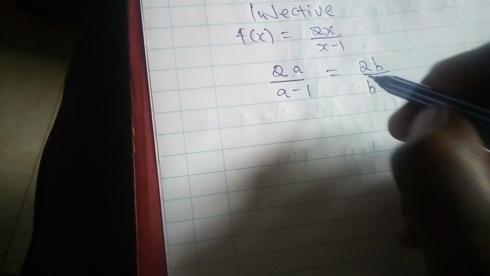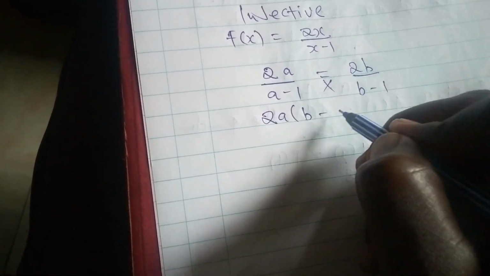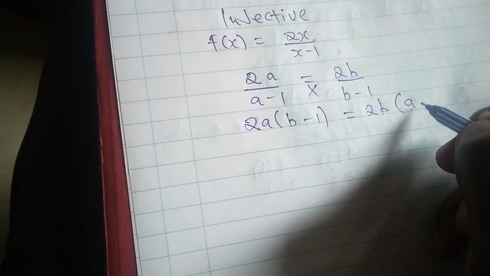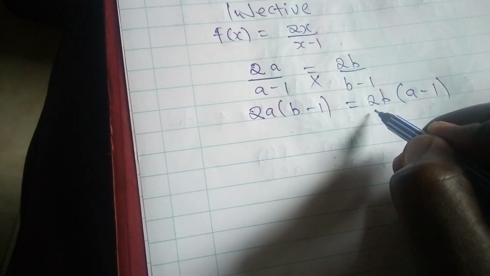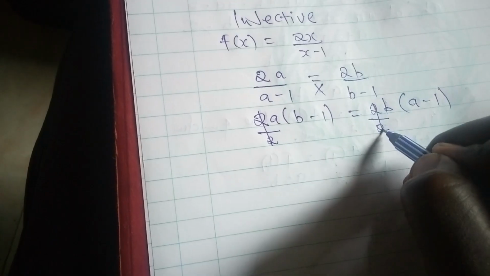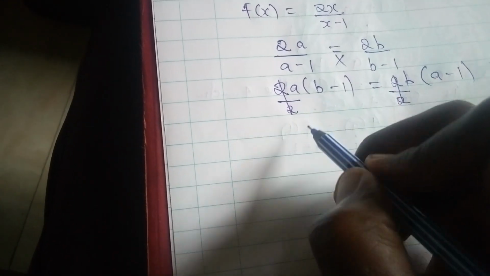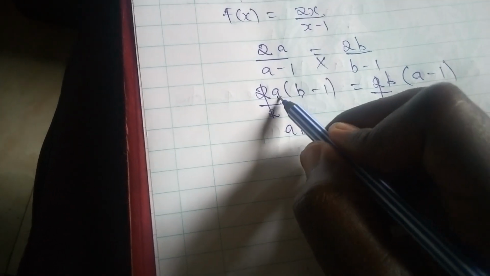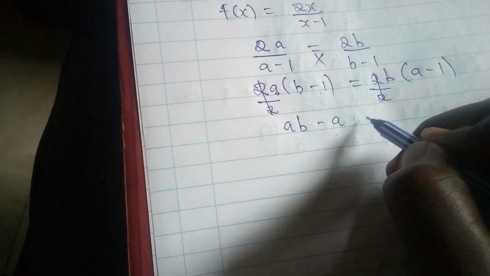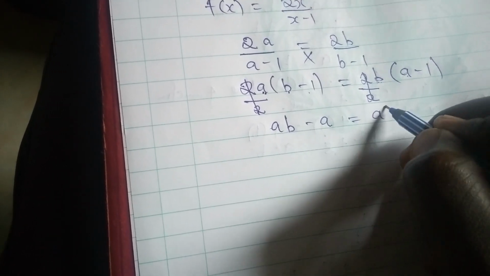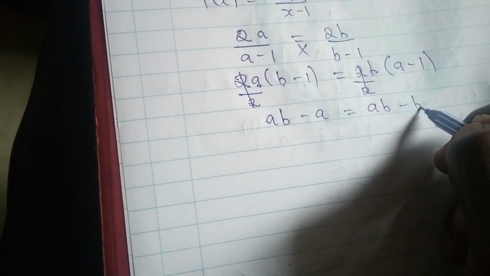So from there we just cross multiply, that is 2a times b minus 1 is equal to 2b open brackets a minus 1. So from there divide by 2 just to reduce the numbers. So we are going to have a times b, that is ab, and then a times negative 1, that is negative a. So b times that, you are going to obtain ab minus b.